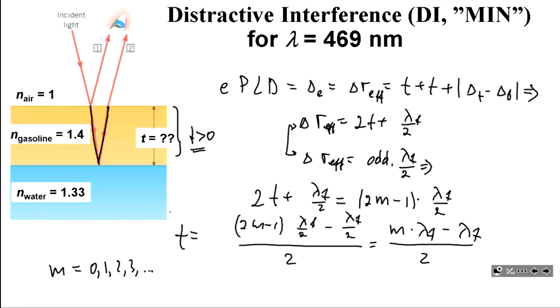M equals 0 gives a negative number, M equals 1 gives a 0. So the first non-zero thickness is reached when M equals 2.